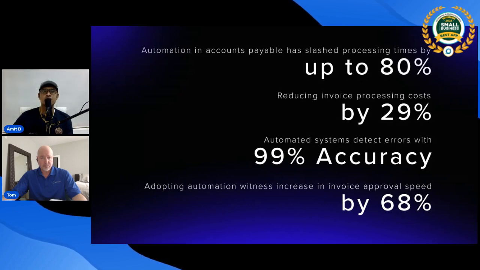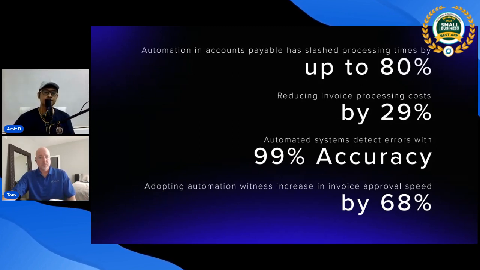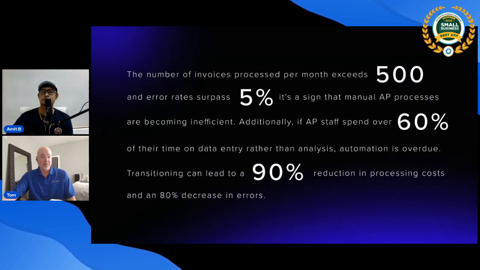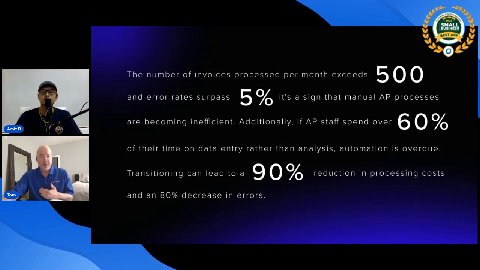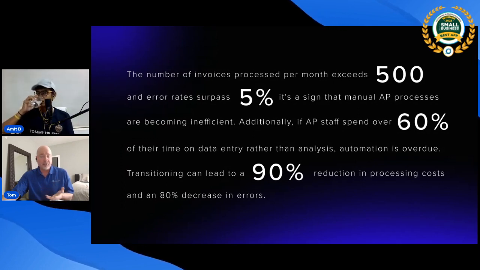Okay. What are some key indicators that suggest an organization is ready to transition from manual to automated accounts payable processes? Yeah, what we see is when the number of invoices processed per month exceeds 500 and error rates surpass 5%, it's a pretty good sign that manual AP processes are becoming inefficient. Additionally, if AP staff spend over 60% of their time on data entry rather than analysis, automation is overdue.